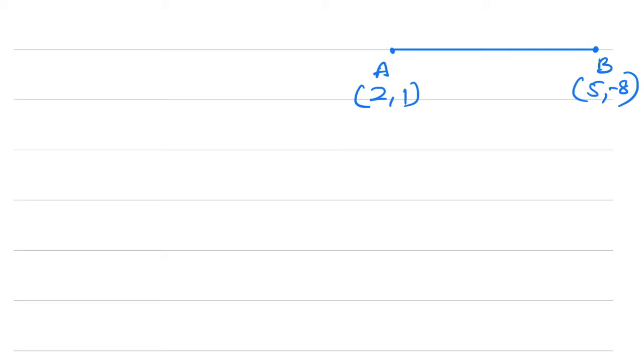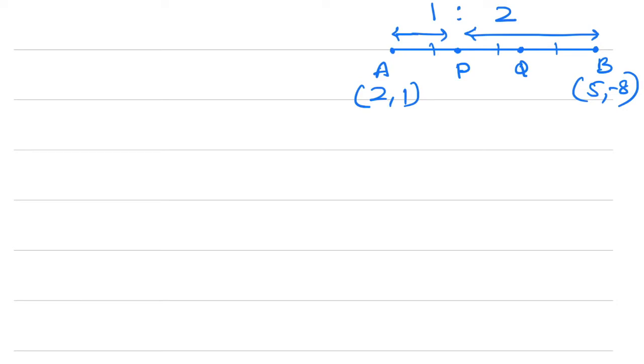And this is trisected at points P and Q. So AP, PQ and QB are equal, trisected, and P is nearer to A. So now the ratio of AP to PB will be 1:2.